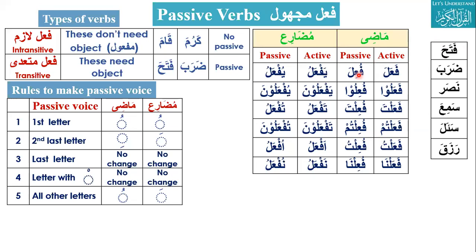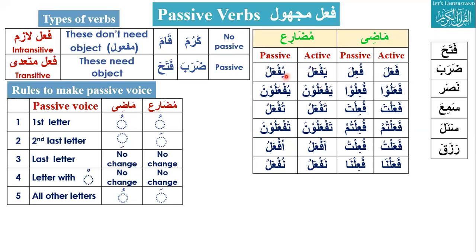When the doer is not known, we say yuf'alu. For example, fataha, yuftahu.